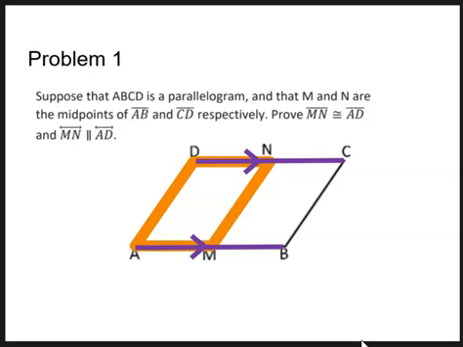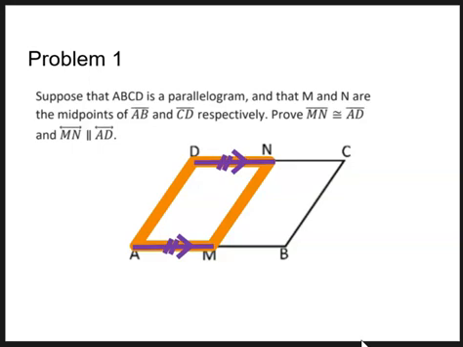And since DC and AB are congruent, the midpoints divide them into four congruent segments, meaning specifically that DN is congruent to AM. Since segments DC and AB are parallel to each other, that means that AM and DN would also be parallel to each other since they are on segments AB and DC respectively.